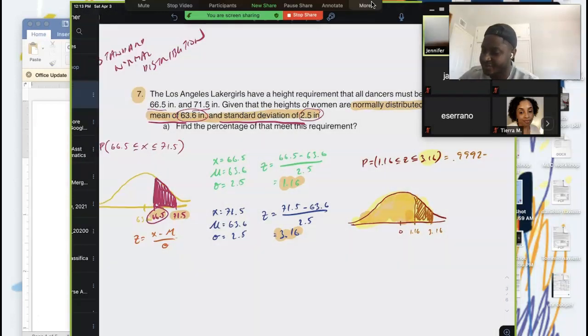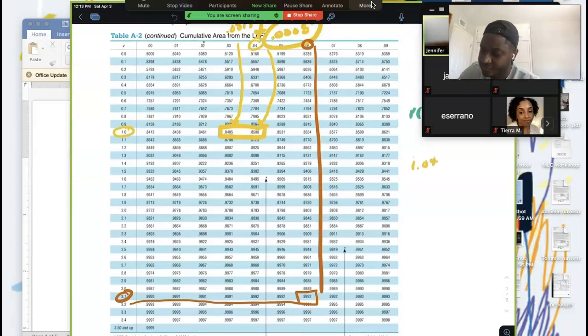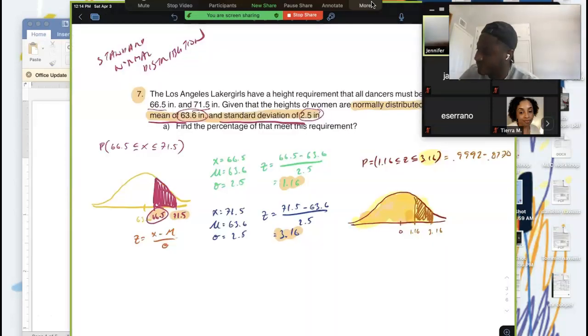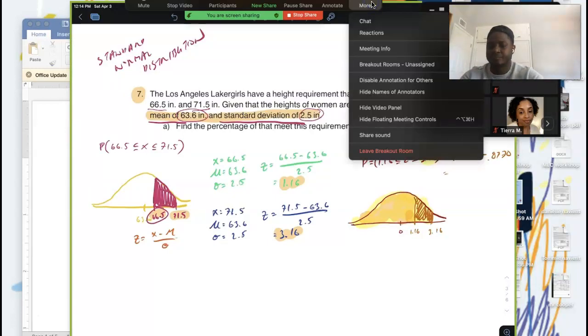I find 1.16, so 1.1 and then 0.6, which gives me 0.8770. And that gives me 0.1222. All right, so that's how you would do it using the chart.